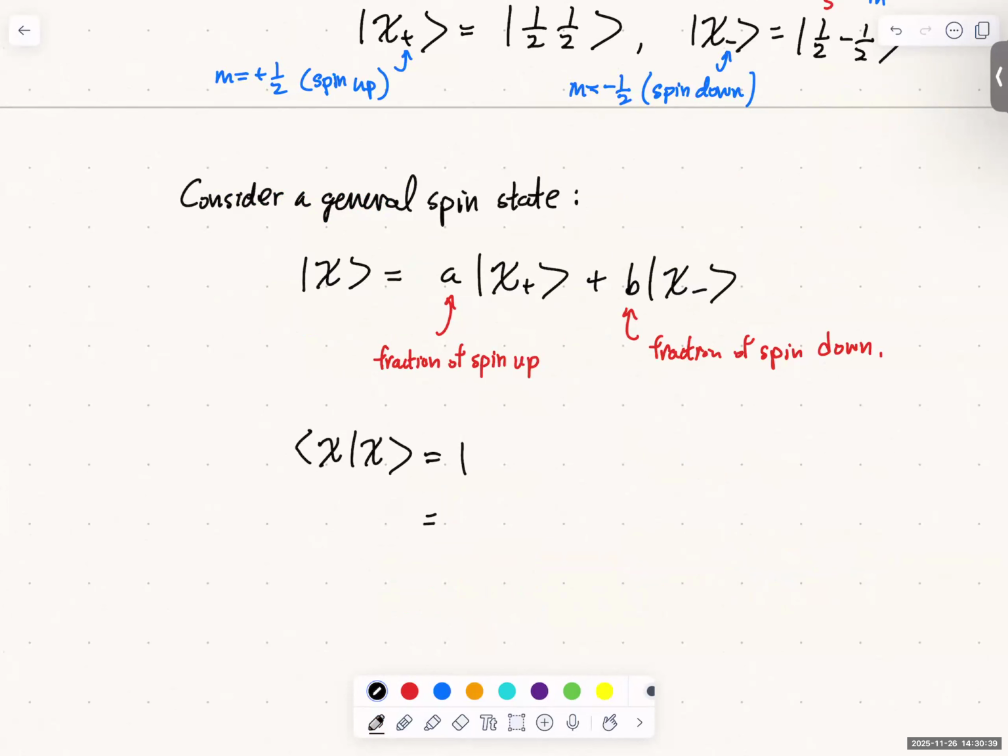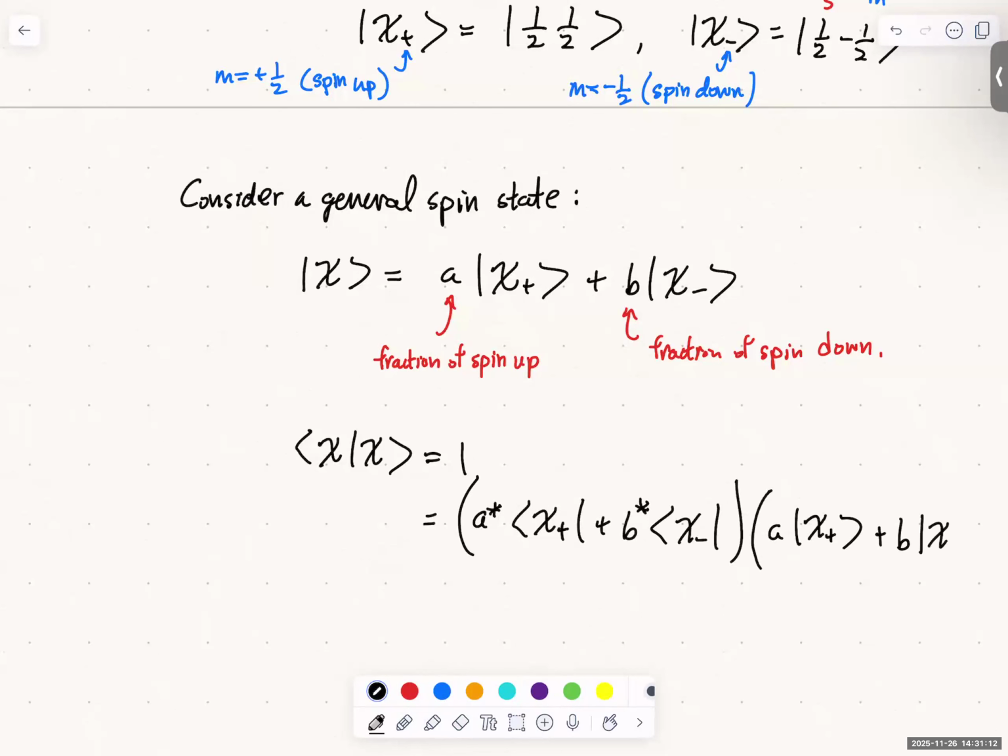This is going to be equivalent to a star chi plus plus b star chi minus. We have to take the Hermitian conjugate to flip the state around. When we do that, our coefficients, we take the complex conjugate. And then on the right, we just have our regular spin state, chi minus.